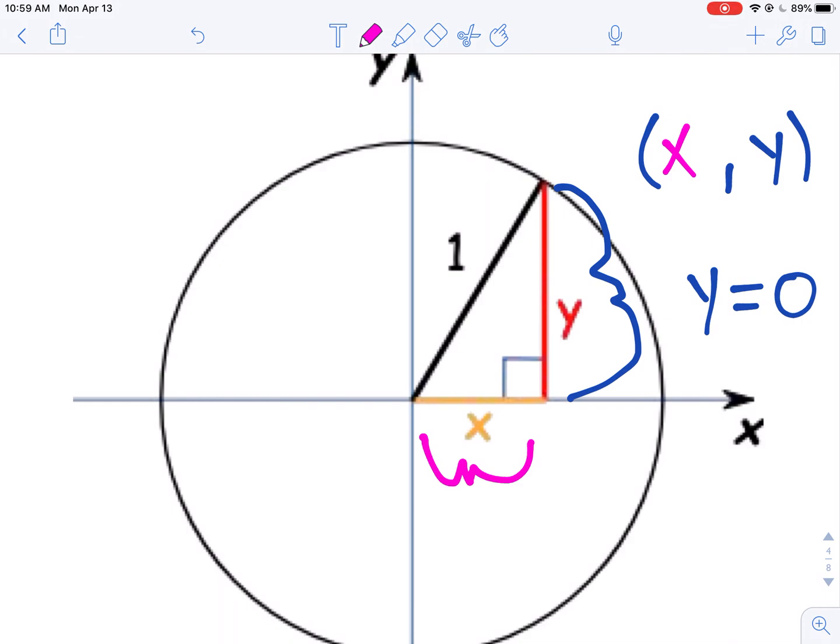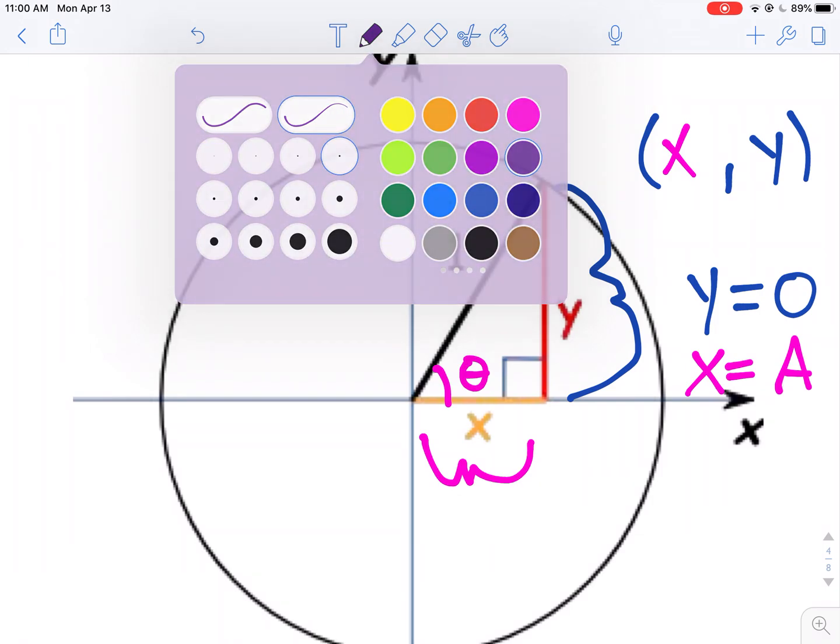So I've got a point (x, y) which exists, because however far out I go and however high up I go is going to give me a point (x, y), and that allows me to make my x my adjacent side. Because the theta I'm concerned with is always going to be this theta here. It's always going to be the theta which arises in the origin of this circle. There is another angle in this triangle which we're not considering.